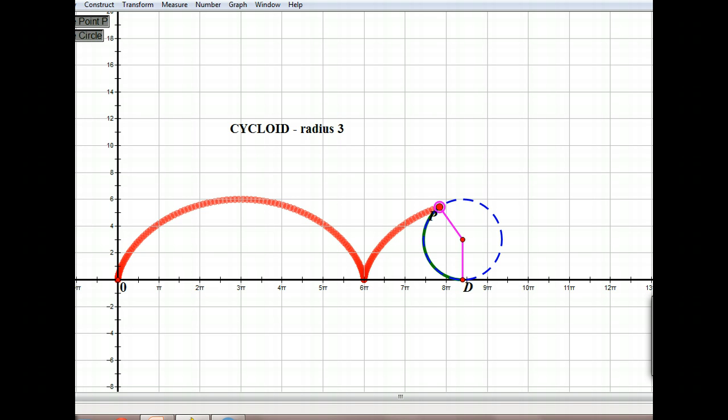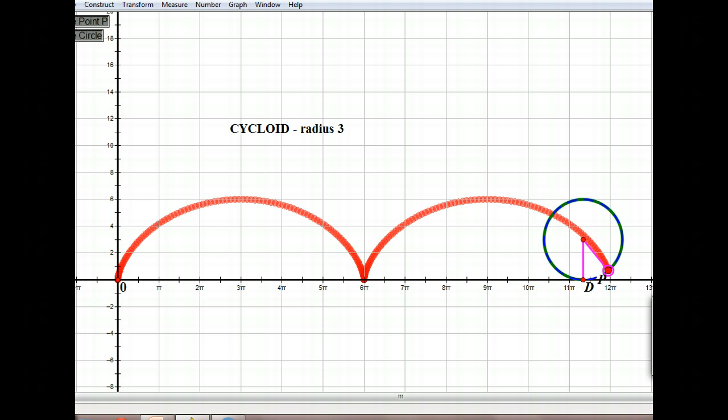So it's going back down to the x-axis, making a sharp turn, coming back up, and then going around the circle again. So in this case, we have zeros at 6 pi and 12 pi, which are our turning points or our sharp turns. And then at 3 pi and 9 pi, I have maximum points where it's reached the top of the circle there.